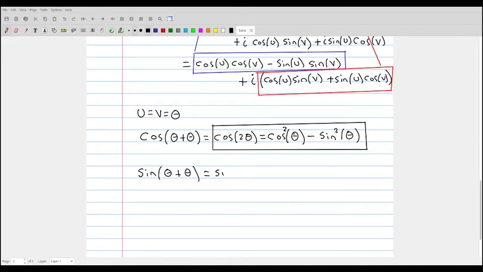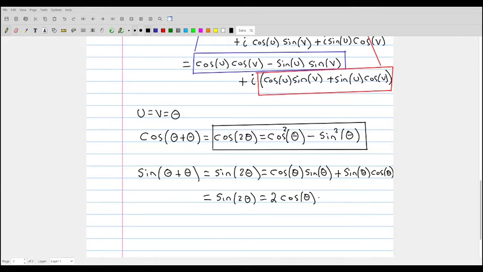This is the same thing as sine of 2 theta, which is the same thing as cosine of theta times sine of theta plus sine of theta times cosine of theta, which means that sine of 2 theta is equal to 2 times cosine of theta times sine of theta.